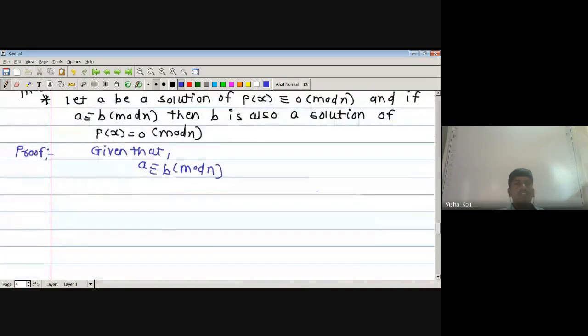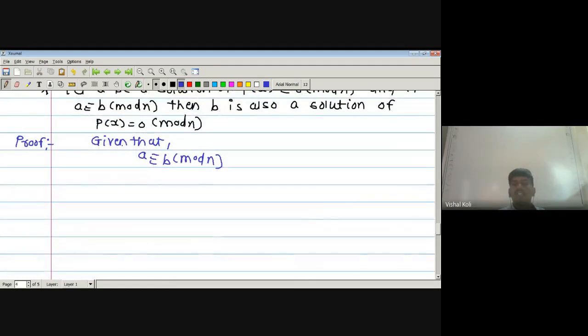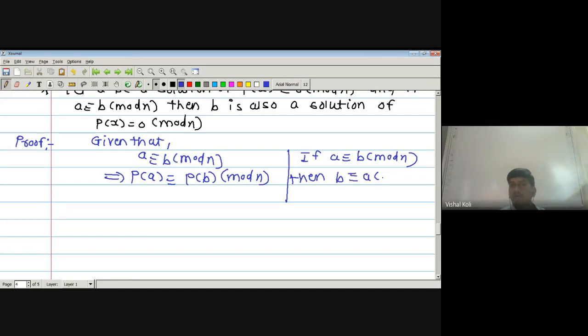Okay, again there is one property for congruence: if A is congruent to B modulo n, then B is also congruent to A modulo n. As here P of A is congruent to P of B modulo n, this implies P of B is also congruent to P of A modulo n.